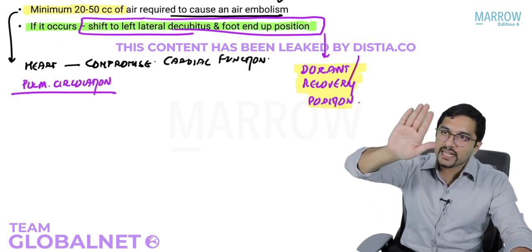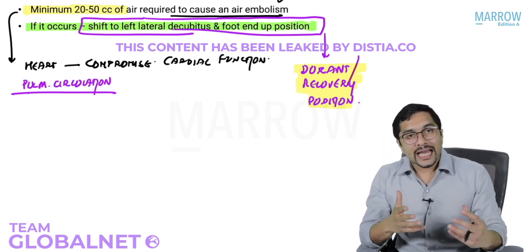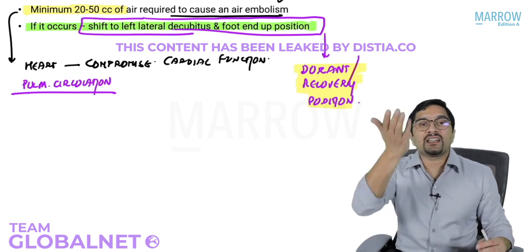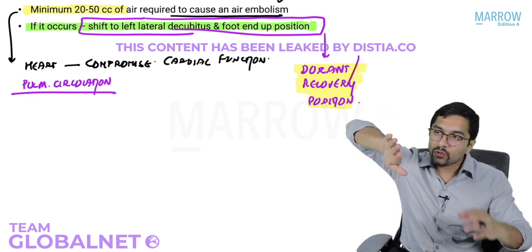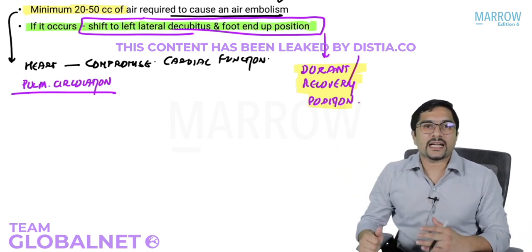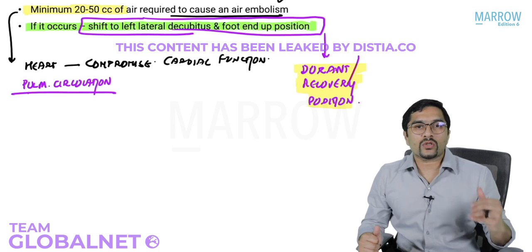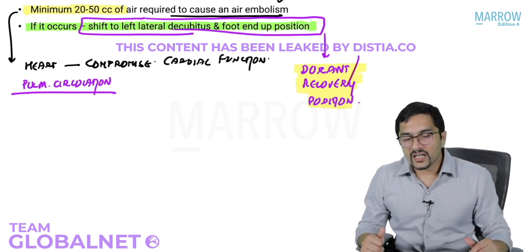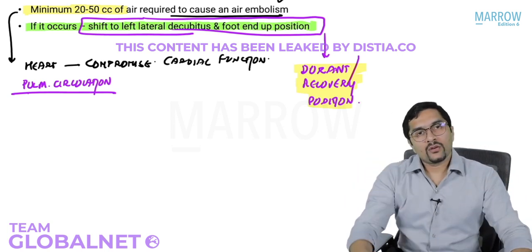We know gas will travel up. When there is right side up, the gas will remain on the right side of the heart. It will not go towards the left side of the heart, and it will remain in the foot end also.